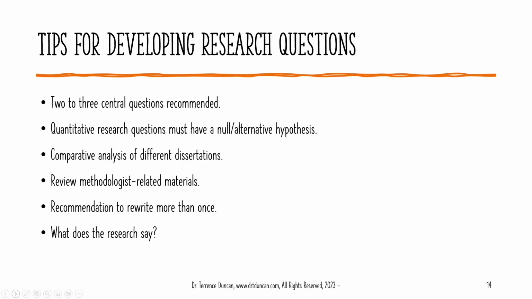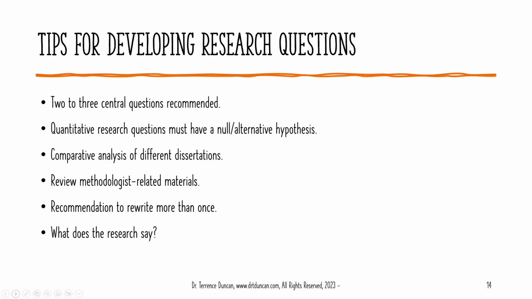And again, the biggest thing for anybody working on a dissertation is that you want to do it correctly, but also be able to get in and get out in the most expedient way possible, and do it correctly, obviously. You want to make sure your quantitative research questions have a null and alternative hypothesis.